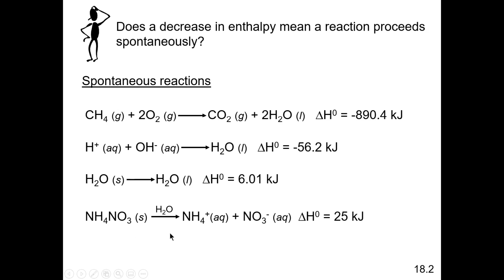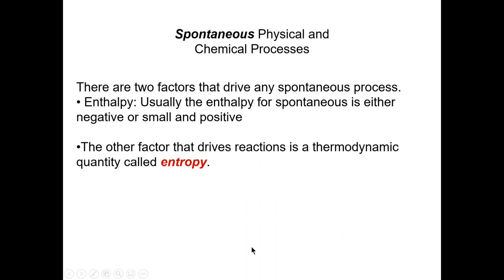Here's another example of an endothermic process. Again, you'll notice that it is endothermic, it's spontaneous, but delta H is relatively small, all right? So in most cases of spontaneous reactions, the delta H is either large and negative or small and positive. So that's basically what is usually the case.